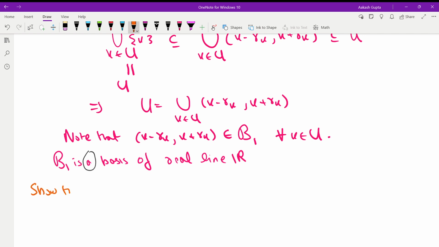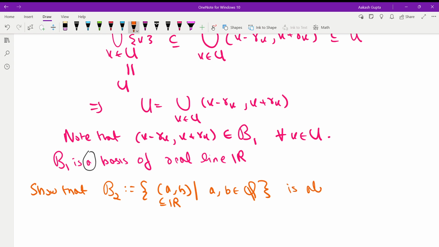Show that B2, the collection of open intervals (a, b) in R such that a, b belong to the rational numbers, is also a basis of topology on real line R. You know what is real line R. We have used it many times, right? So I hope you can do this. This is your homework.